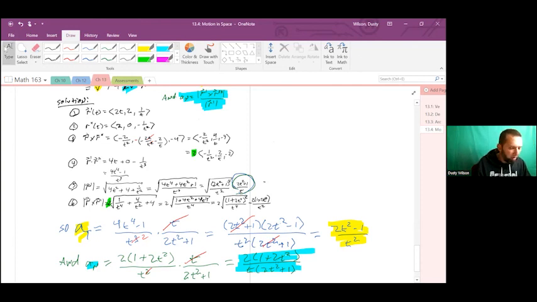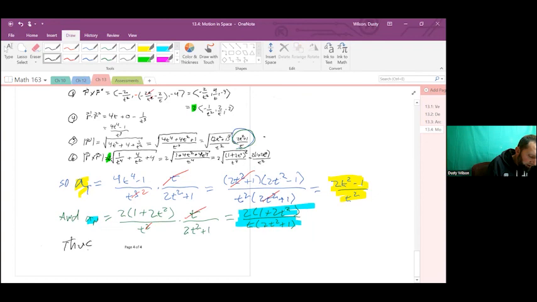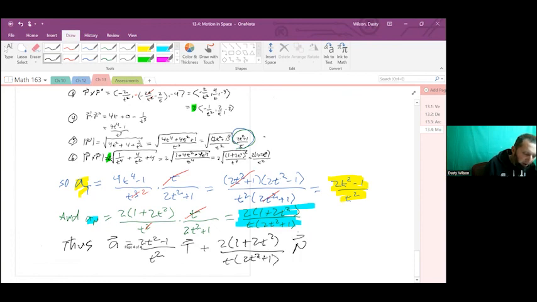So we know that our acceleration vector, the a vector, will equal the tangential component of acceleration, which is 2t squared minus 1 over t squared times the T vector, plus 2 times 1 plus 2t squared over t times 2t squared plus 1 times the N vector.